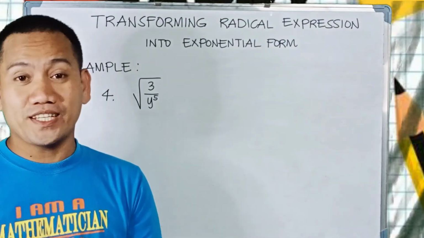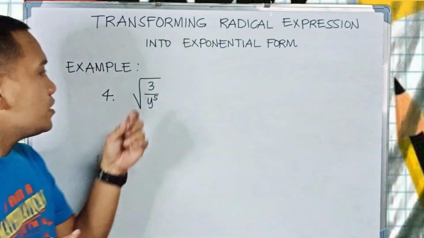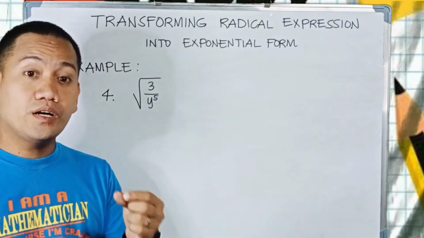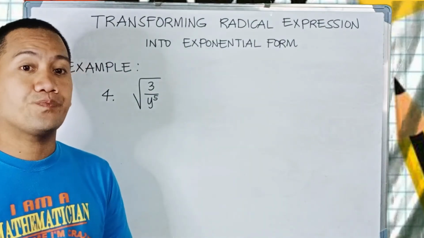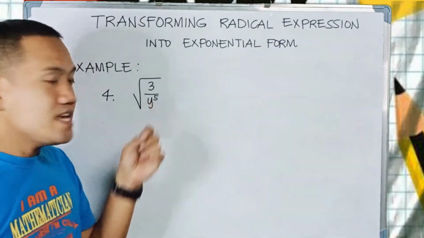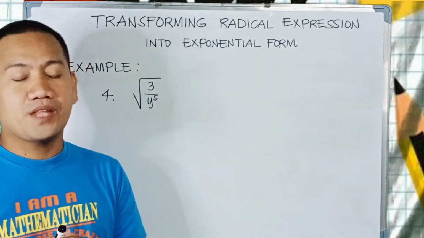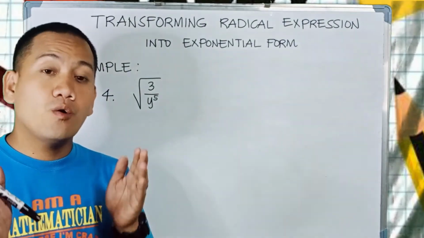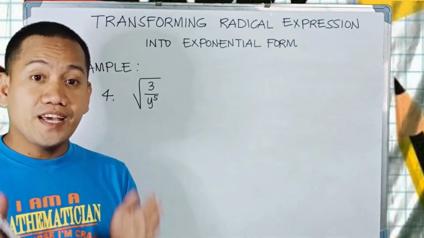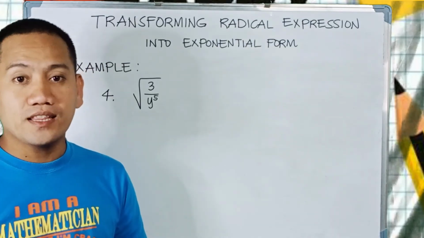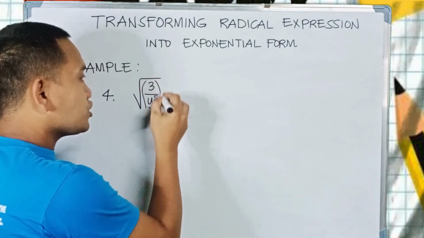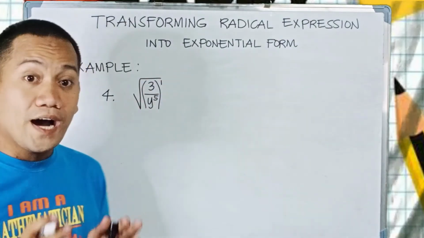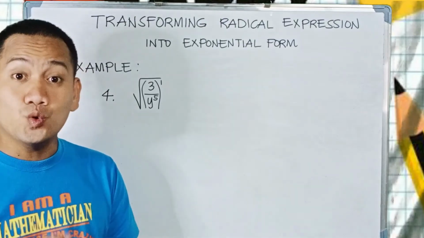So let's have our fourth example. Supposing we have square root of 3 over y to the fifth power. So how will we write this one in exponential form? Again, our radicand here is a fraction, and that is 3 over y to the fifth power. And this radicand has an exponent of 1. So it follows that the exponent of this given expression is 1, while the index is 2.